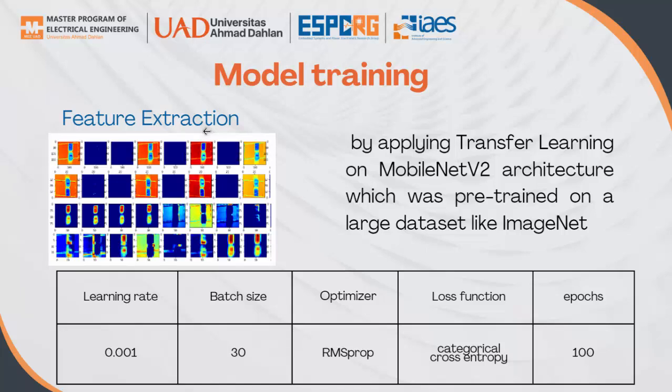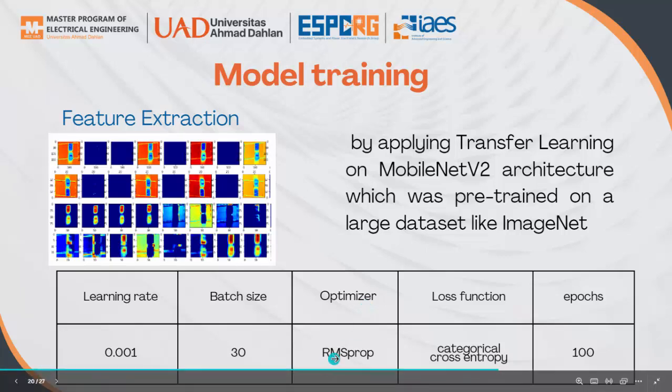The feature extraction will be applied by transfer learning on MobileNet v2, which is pre-trained on a very large dataset like ImageNet. So we only use transfer learning with MobileNet to extract the features from the image.